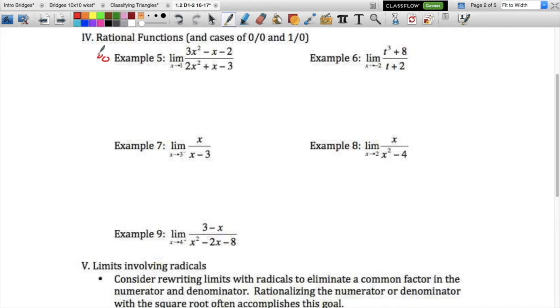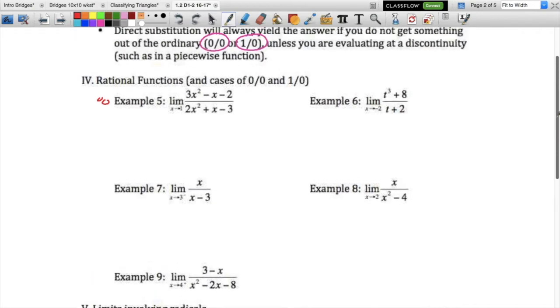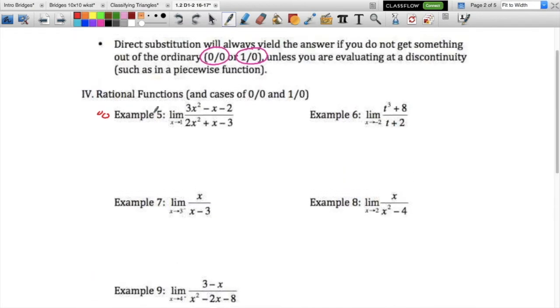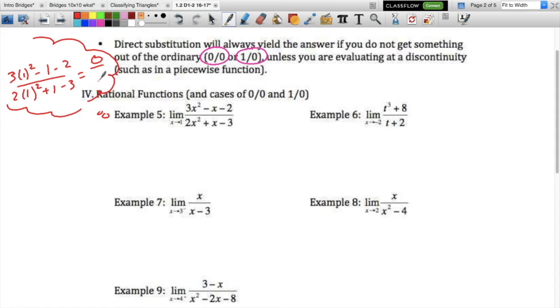I'll do a little thought bubble here. 3 times 1 squared minus 1 minus 2, divided by 2 times 1 squared plus 1 minus 3. Let's see what happens. 3 minus 1 minus 2 is 0. 2 plus 1 minus 3 is 0. 0 over 0. So I tried direct substitution and it didn't work.